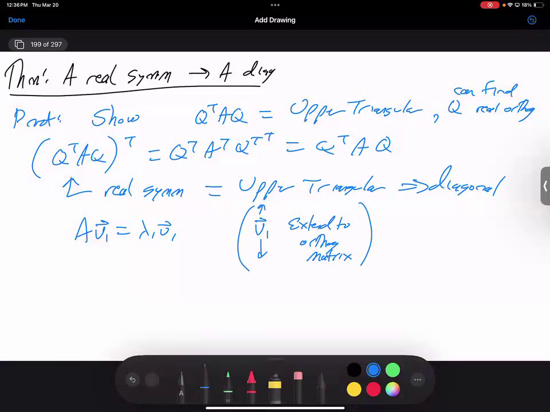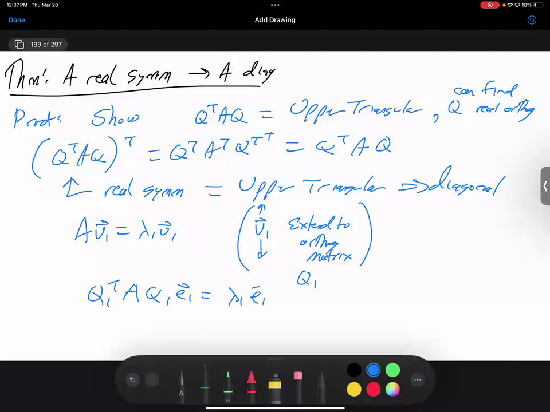And now I'll call this matrix Q1. And now I look at Q1 transpose A Q1. If I apply E1 to this, Q1 of E1 is V1, A of V1 is lambda1 V1, Q1 transpose brings me back. So this is going to be lambda1 E1.